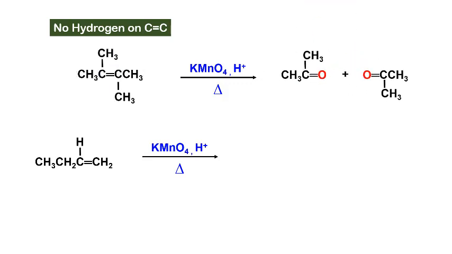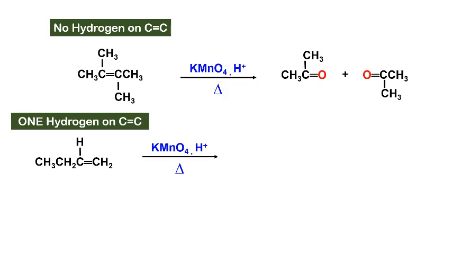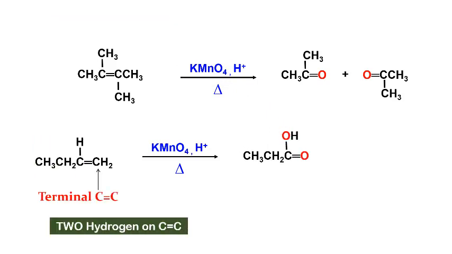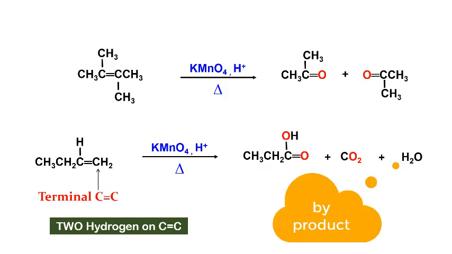But if there is one hydrogen atom on the sp2 carbon, the product will be a carboxylic acid. Terminal alkenes with two hydrogen atoms on the sp2 carbon form carbon dioxide as a product and water as a byproduct.